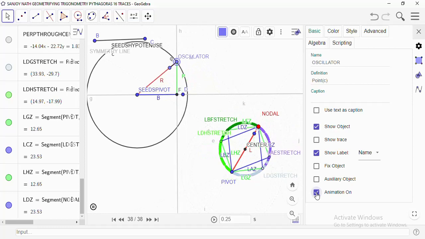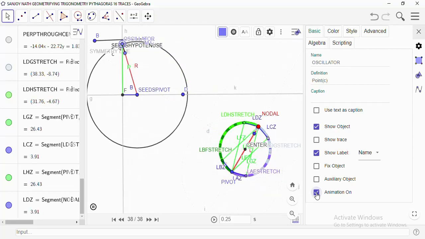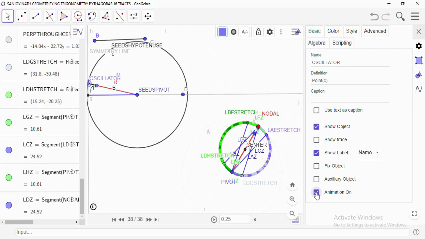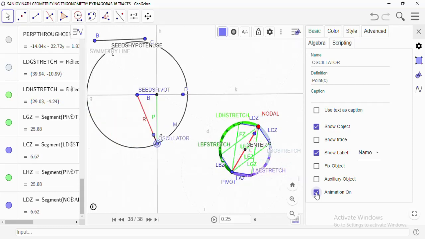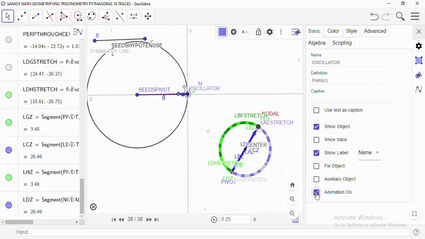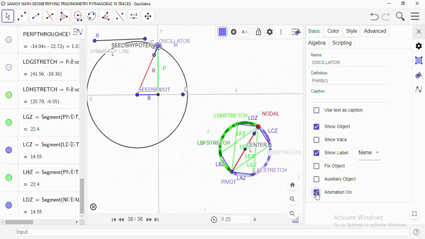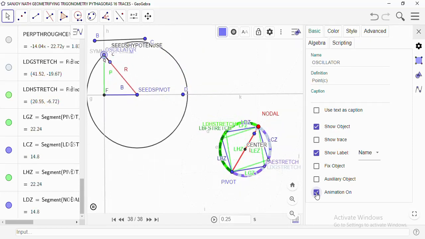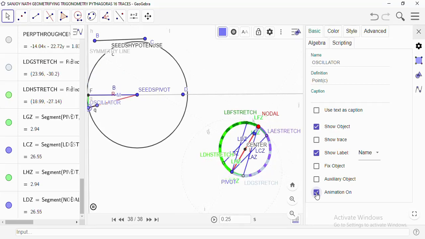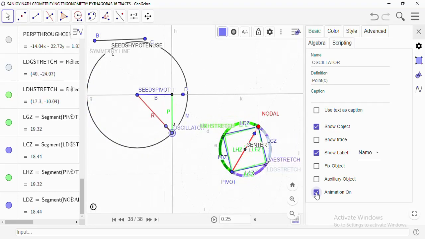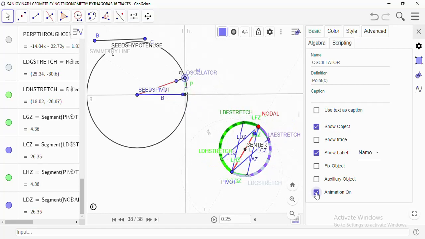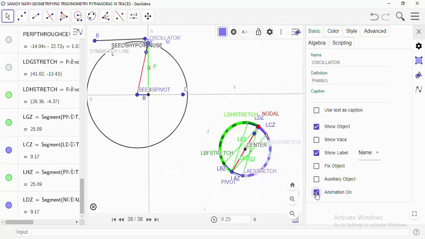For the cos theta and sin theta case, we are not doing cos square theta and sin square theta yet. In our next video, we will come with cos square theta and sin square theta. Obviously, there are 16 types of image forms due to this animation. The locus of these points, the 16 different kinds of traveling of the points, you can see the locus will be found from those movements.